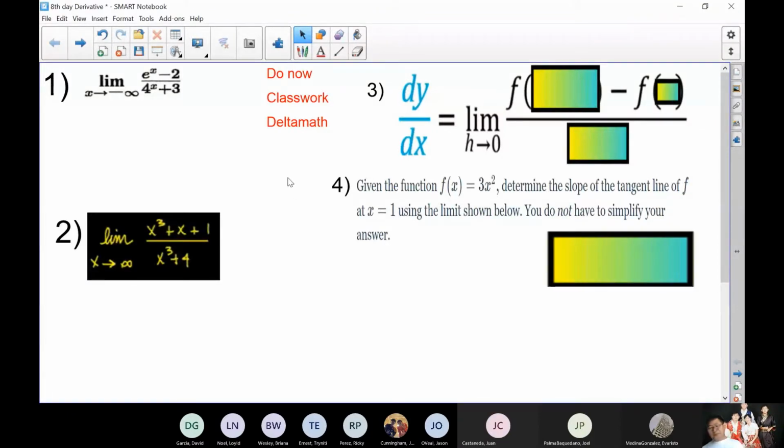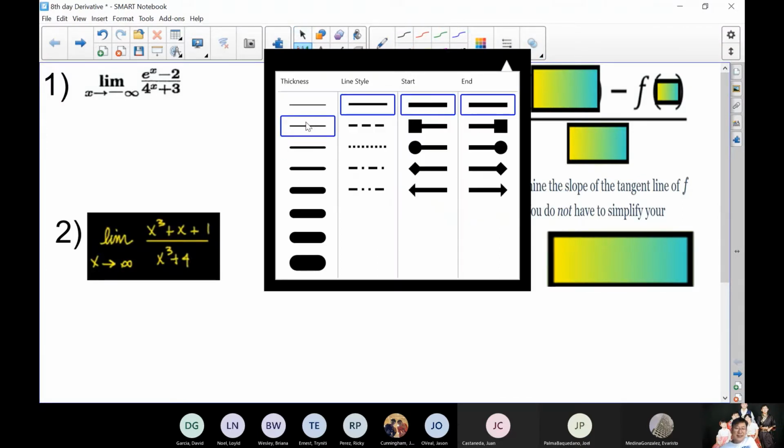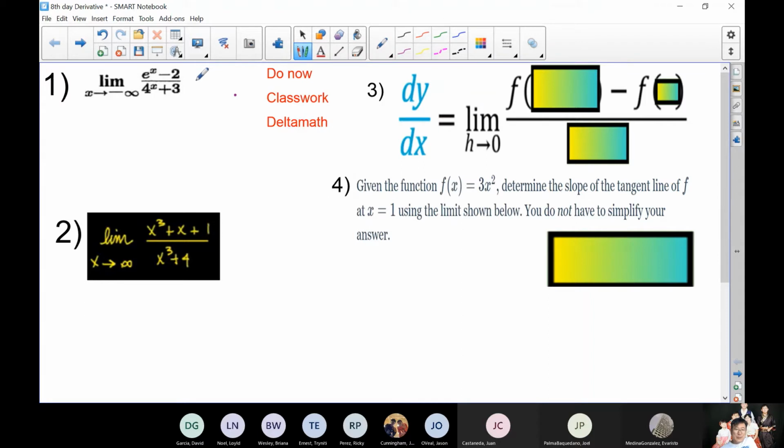Reference it, right? So do now. Anyone has the answer for this? Oh, there's a negative infinity, right? Answer. Ricky, Jason, Brianna.